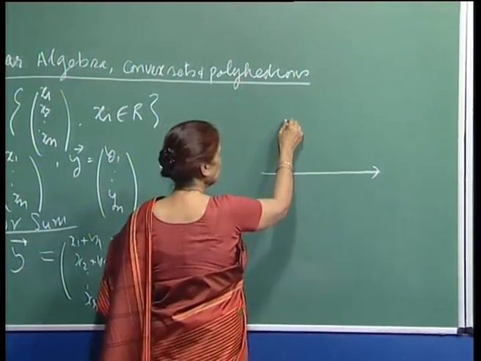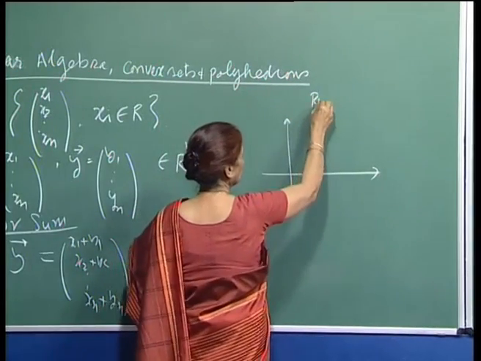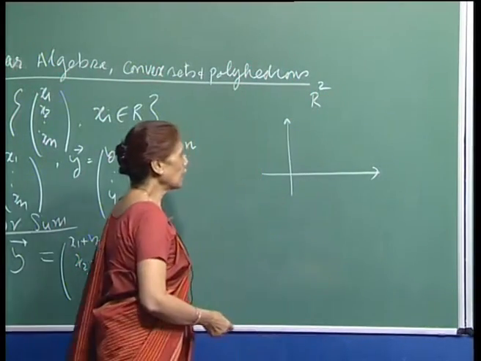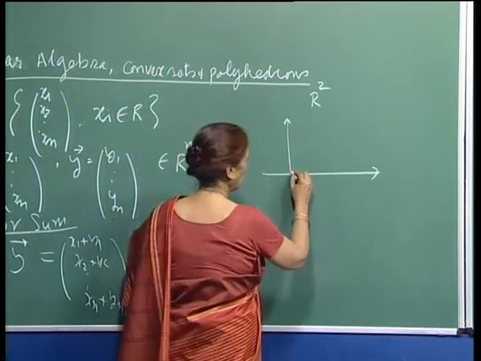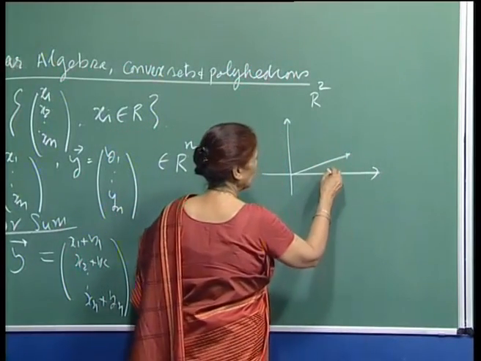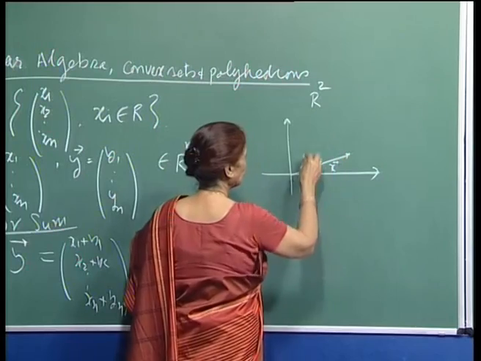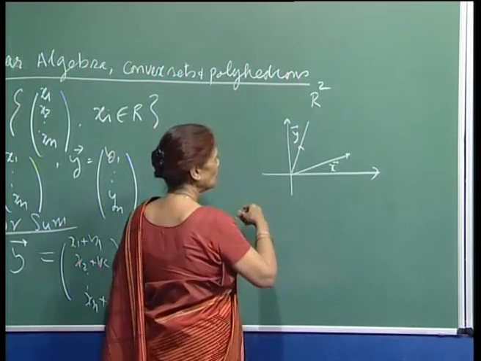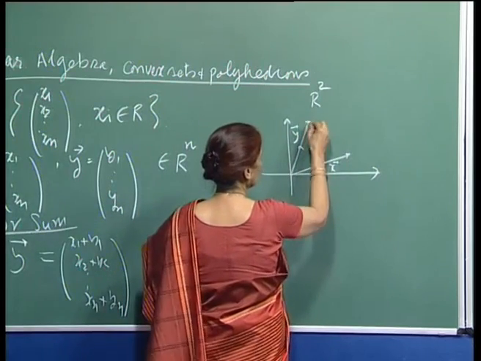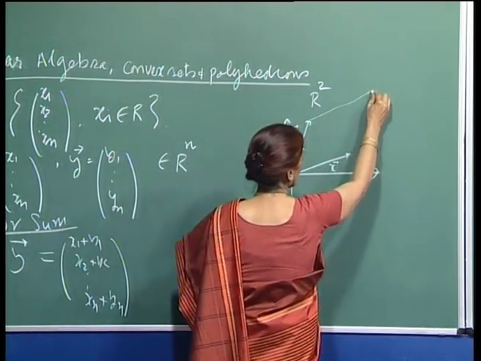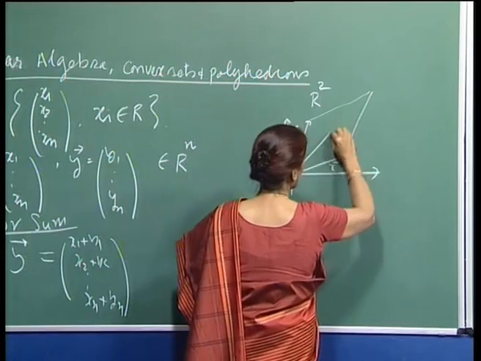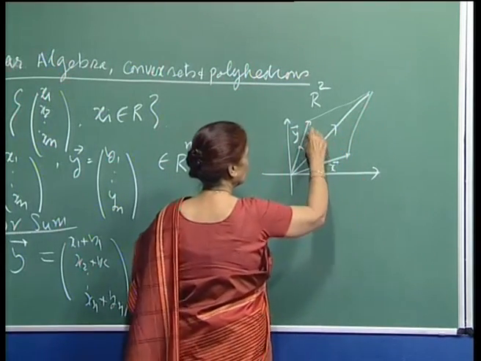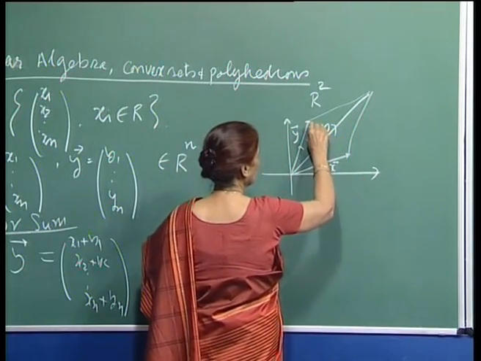Geometrically, you can see that if you have a two dimensional space, that means I am talking of R2, you have been handling R2 and R3. If this is my vector x and this is my vector y, then by completing the parallelogram, this vector denotes x plus y. So, you have already handled the vector sum.